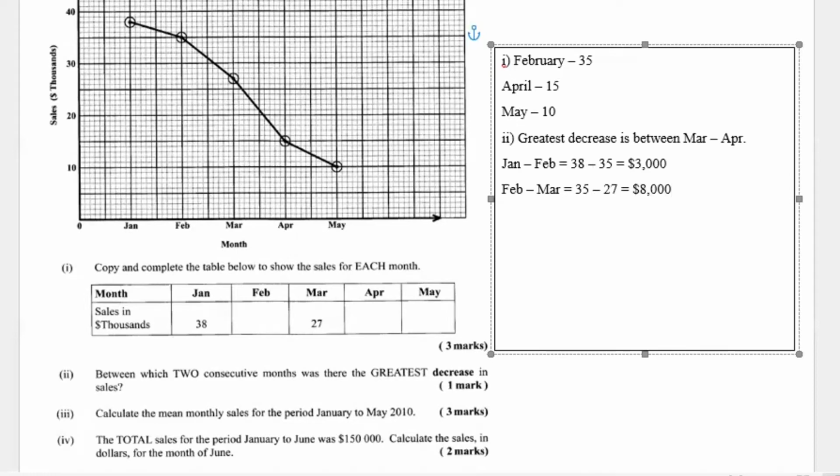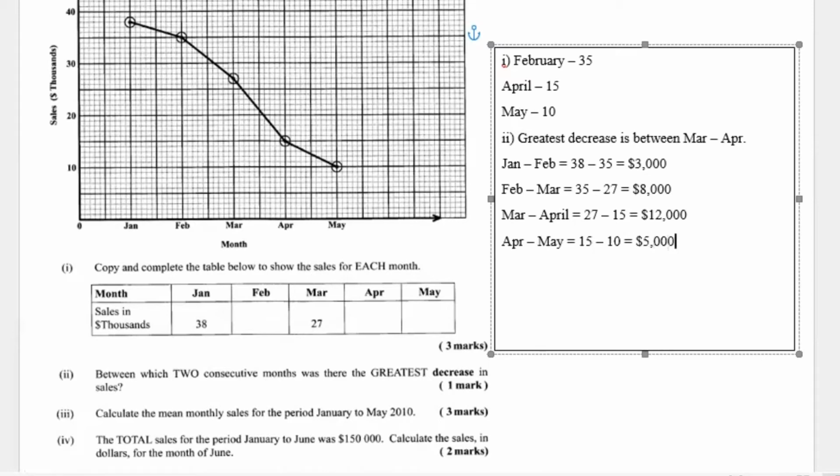If we're now going from March to April, so March was 27,000, April as we calculated or estimated from the graph was 15,000. When you do that calculation, you'll get a difference of $12,000. And then if we go from April to May, so April was 15,000 minus May, which is 10,000, and that is an easy calculation, a difference of $5,000.